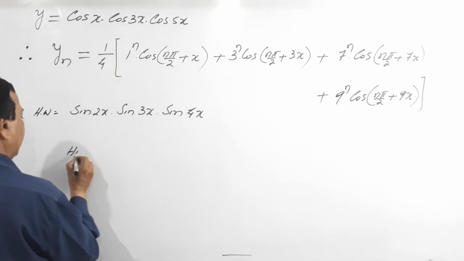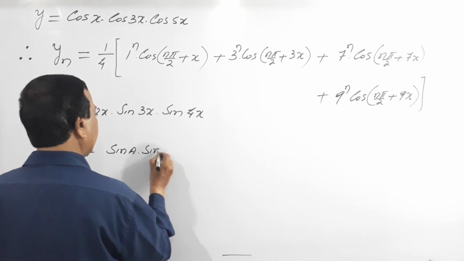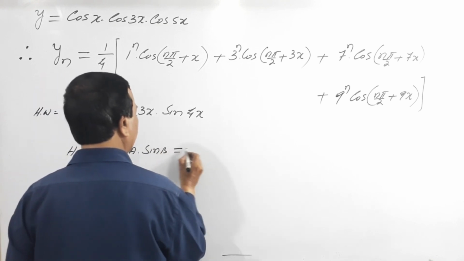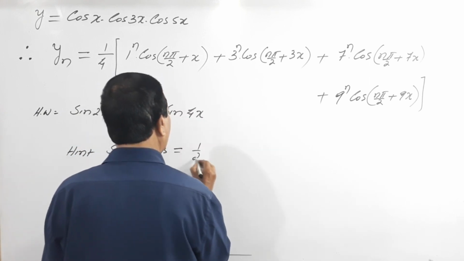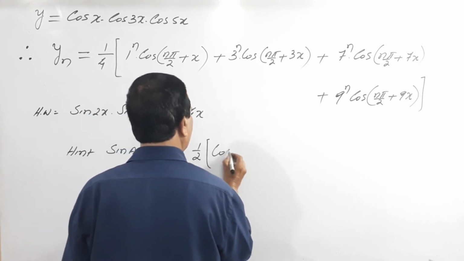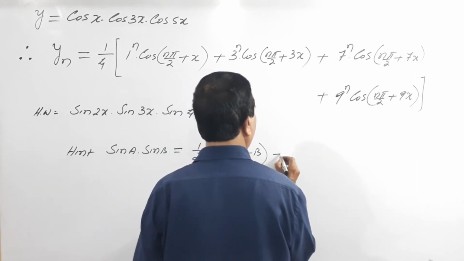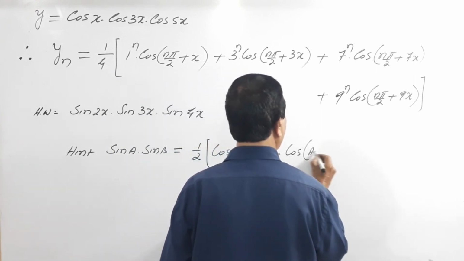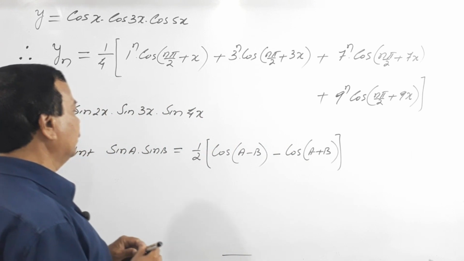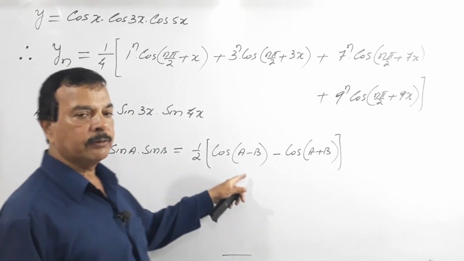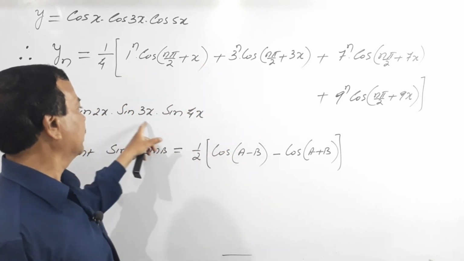So I'll give the formula for sin A into sin B: it is half of cos of A minus B minus cos of A plus B. To solve sin A into sin B, you have to use this concept and find the solution for sin 2x, sin 3x, sin 4x.